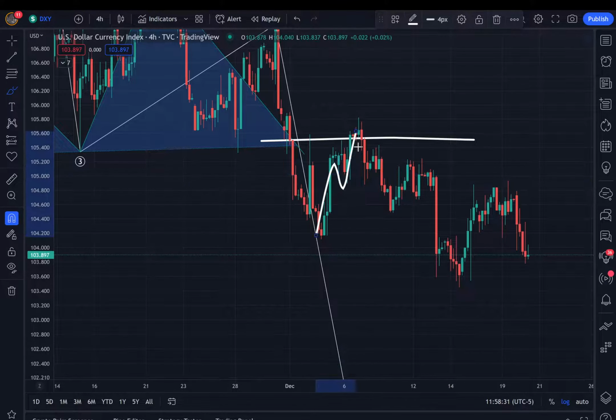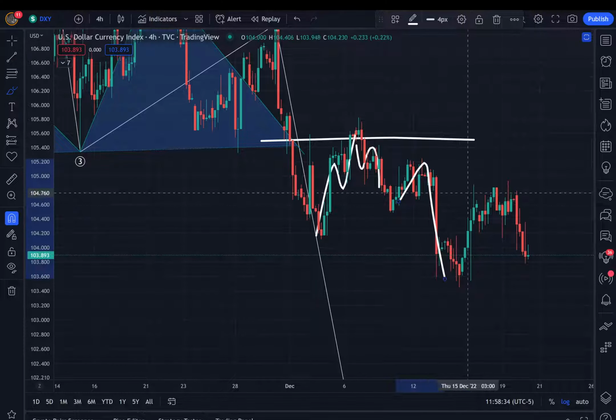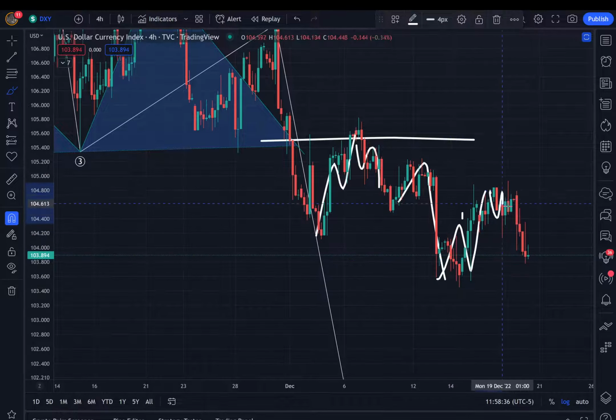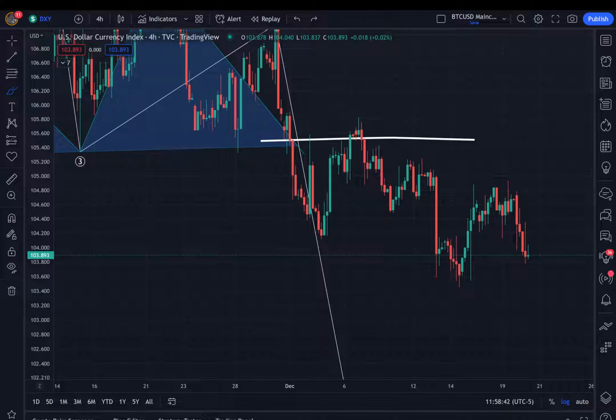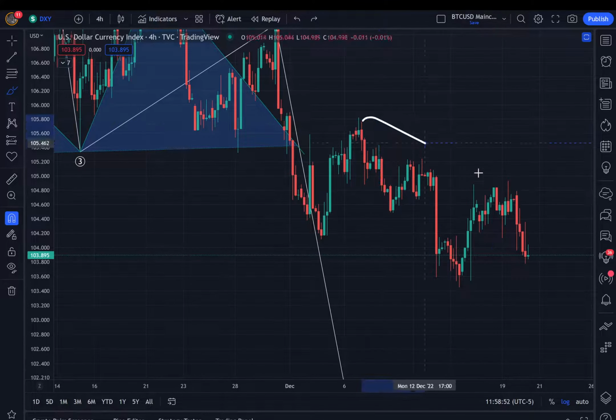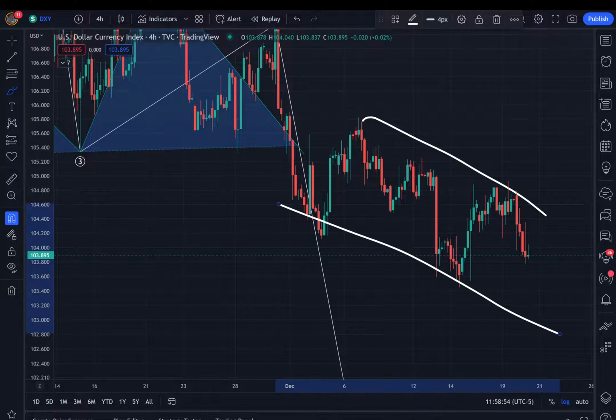And we bumped our heads up against this, and we broke down. We came back up here, and we broke down again. To me, and I don't know this for sure, but to me, this looks like a leading diagonal. It's taking its time, but it is actually matriculating down in a diagonal. Do you see? Making lower lows and lower highs.